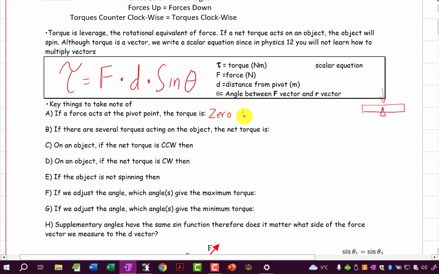Why? Because d is equal to zero. The distance to the pivot point is zero. If there are several torques acting on the object, then the net torque is the sum of the torques. Torques are just additive.